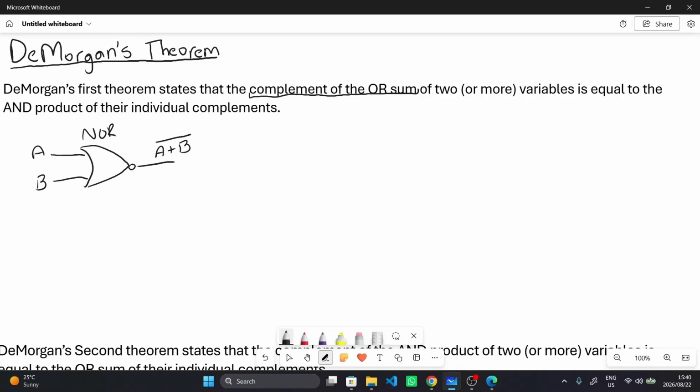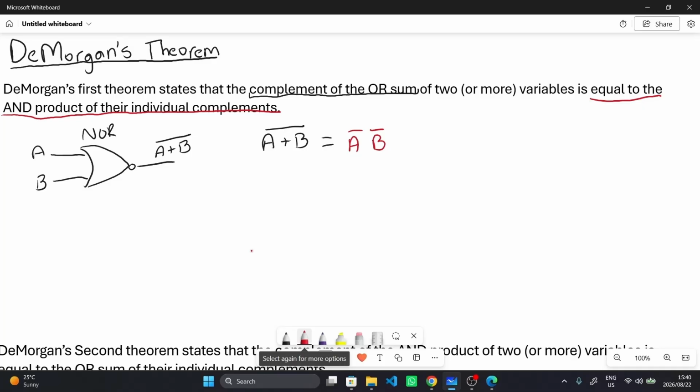So this says complement of the OR sum is equal to the and product of the individual complements. So meaning they're saying A plus B not is same as A not times B not. So A complement times B complement is same as A plus B complement, right?